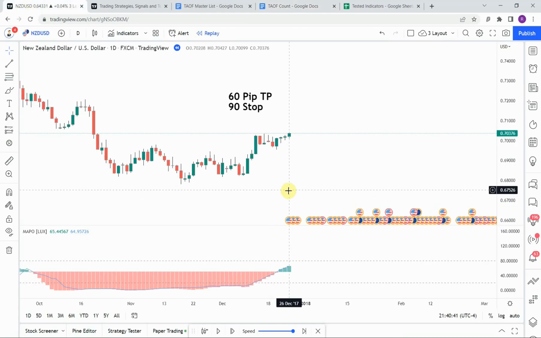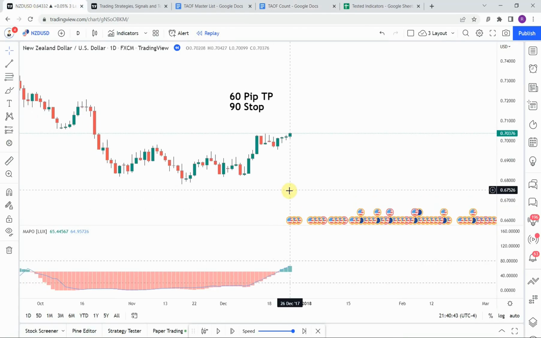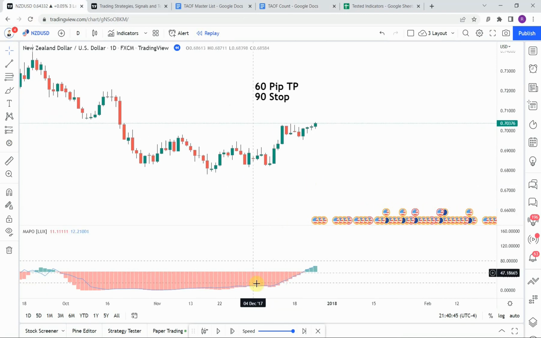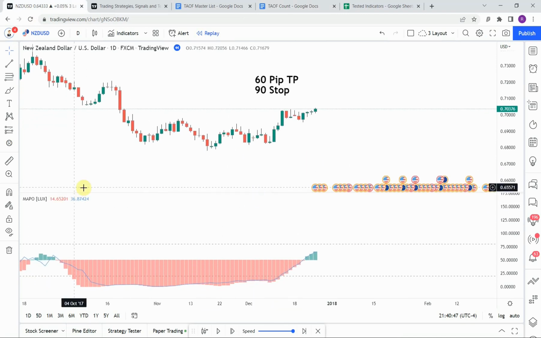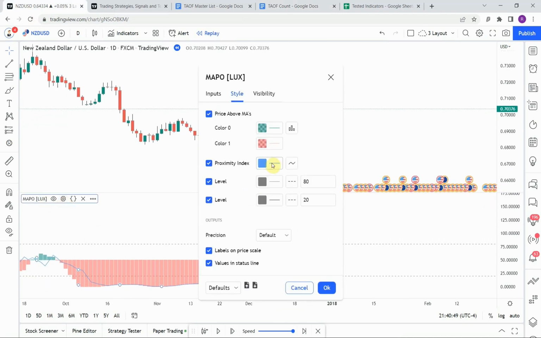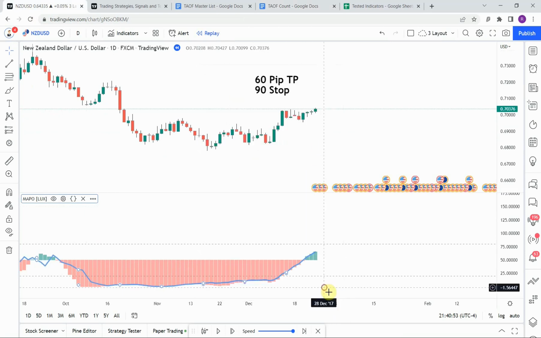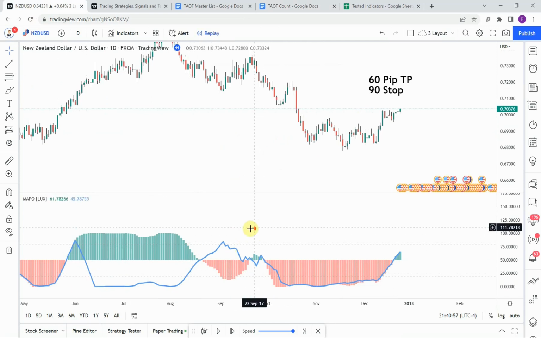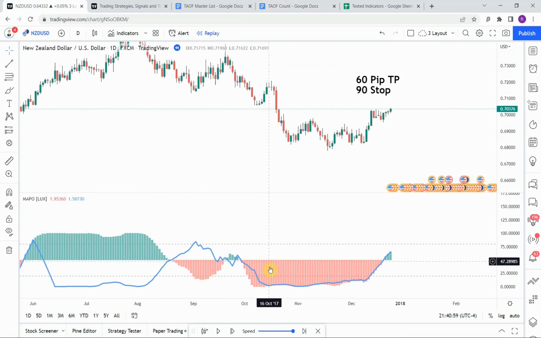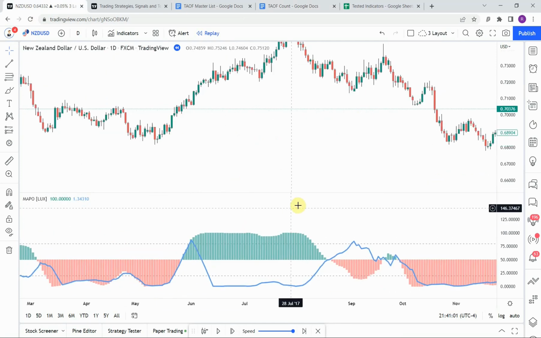Alright, so today's indicator is the moving average proximity oscillator, and you can see it here on the bottom of the screen. The proximity index is this blue line right here, oscillating and moving along with this histogram style bar chart.